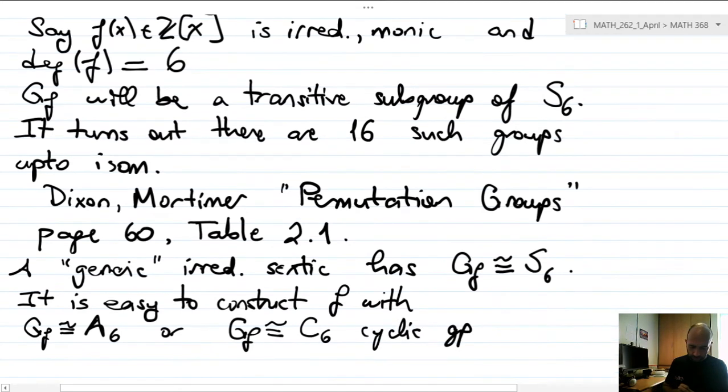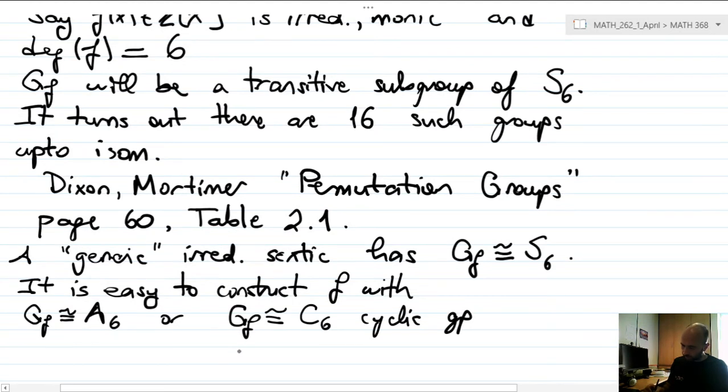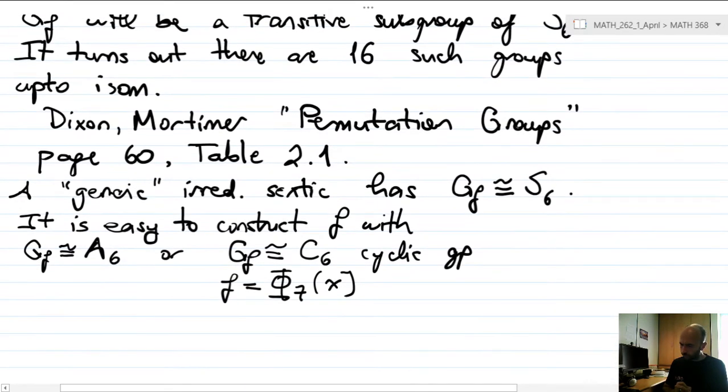For this last one, the reason is we know examples. You could take f to be Phi_7(x), for example, a cyclotomic polynomial. Okay, but what about the other ones? So how would you get examples for the other groups, especially the small ones, which are not abelian? So some inverse problem maybe is in order.